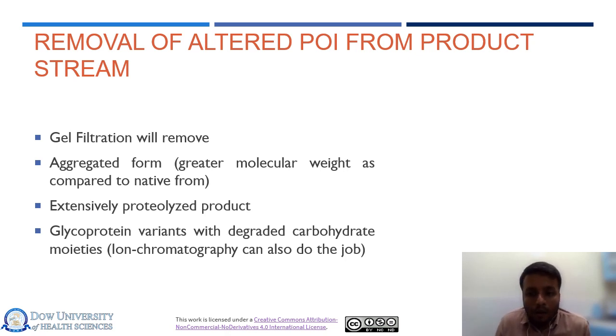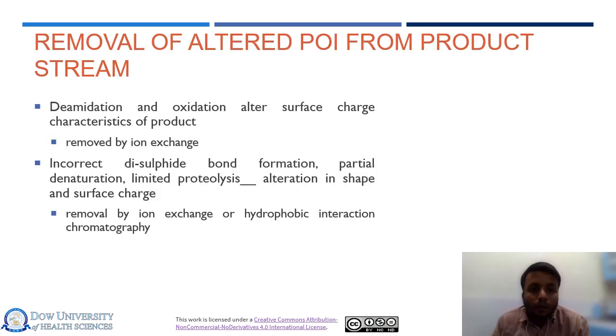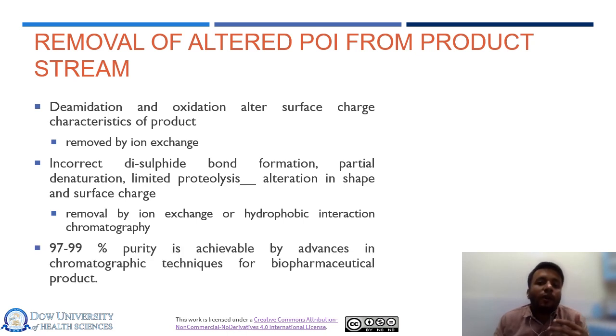Also, we can remove glycoprotein variants which have degraded carbohydrate moieties using gel filtration as well as ion chromatography. Now, different kinds of protein modifications, such as deamidation, oxidation, or incorrect disulfide bond formation in the proteins, can also alter the surface charge and shape of the proteins.